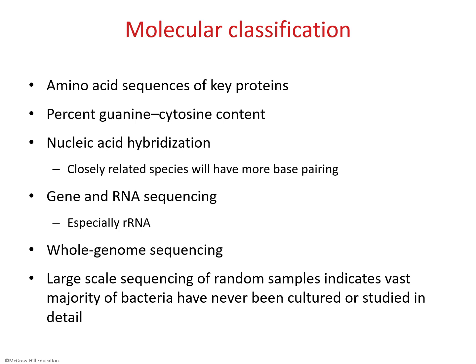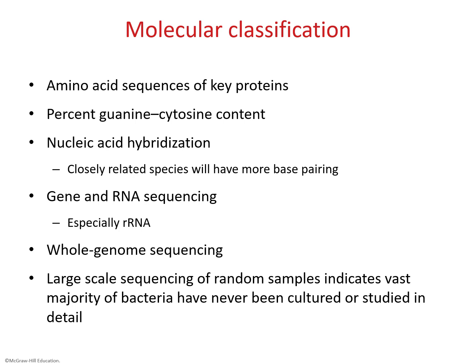And we also can use gene and RNA sequencing, especially if you remember when we classified the 3 domains of life. Carl Woese used a system of comparing ribosomal RNA sequences because these sequences are conserved and present among all organisms except for viruses.